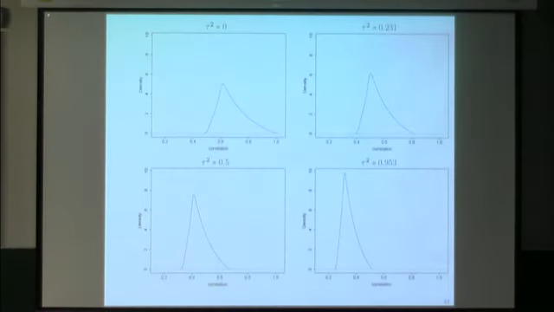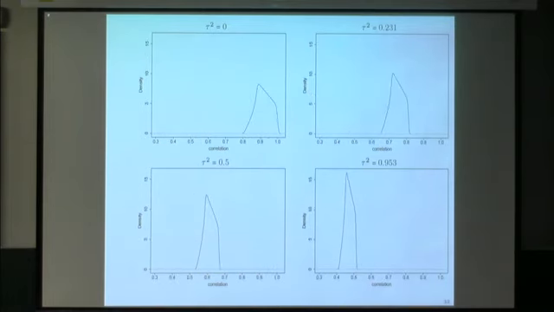Another way to see how the range and the degree of the correlation affect the choice of the design is using the density plots evaluated at the 4 quadrature points that we use. So this is for the exponential, and this is for the Matern. So we can see that for the Matern, the mean is always higher compared to the exponential, and the range is always smaller compared to the exponential.